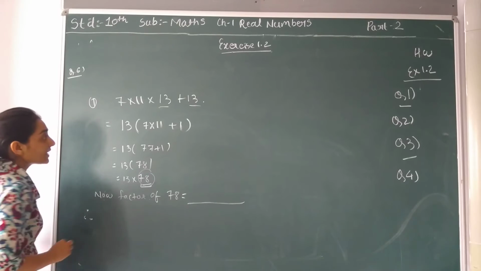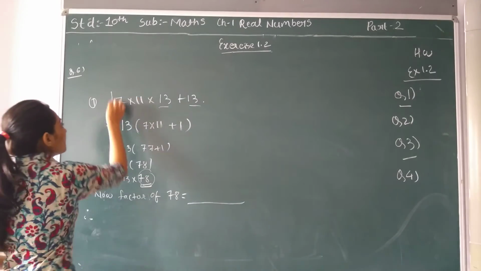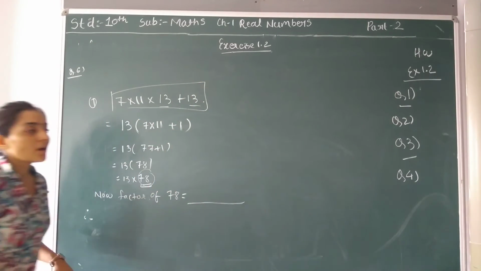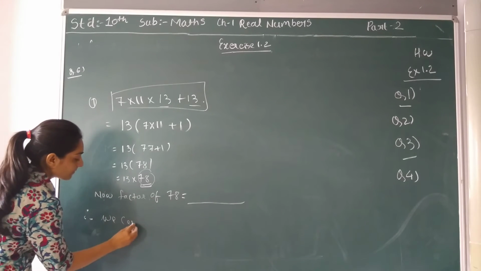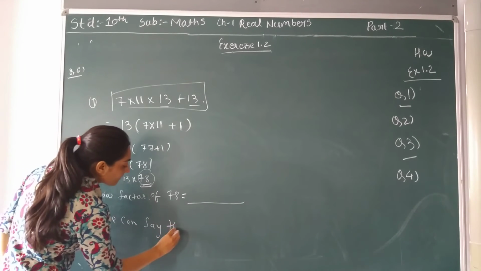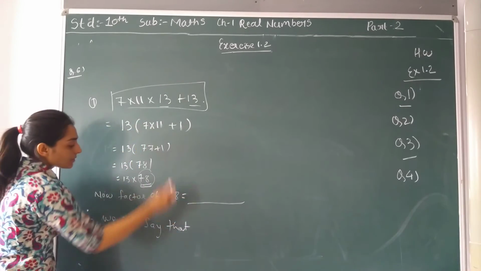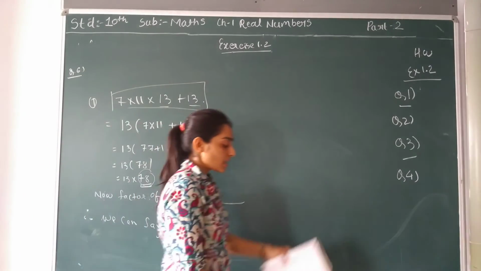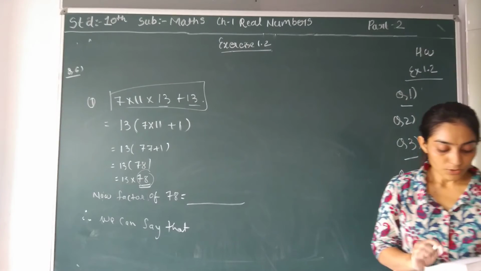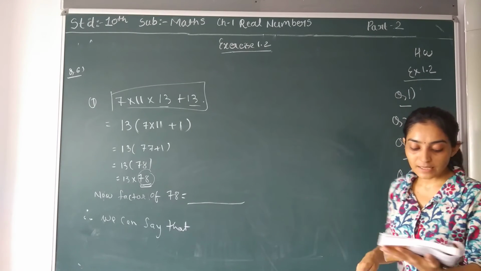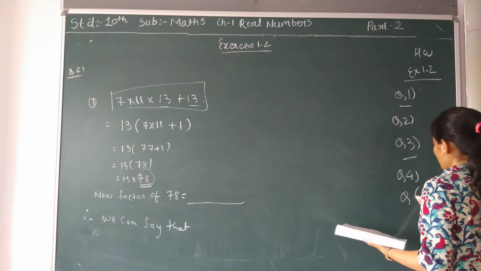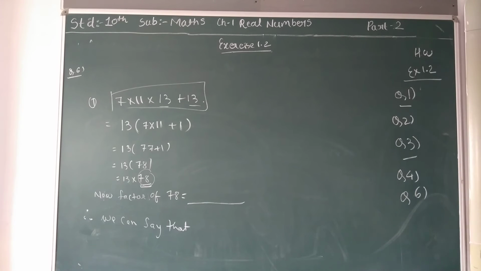Therefore, we can say that this number is a composite number. So the remaining ones you have to check. Question number 6 is also in our homework.